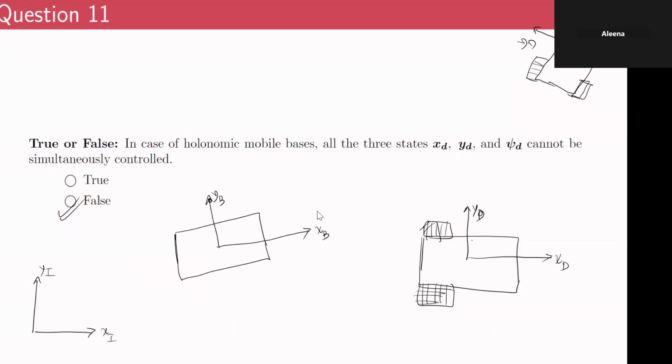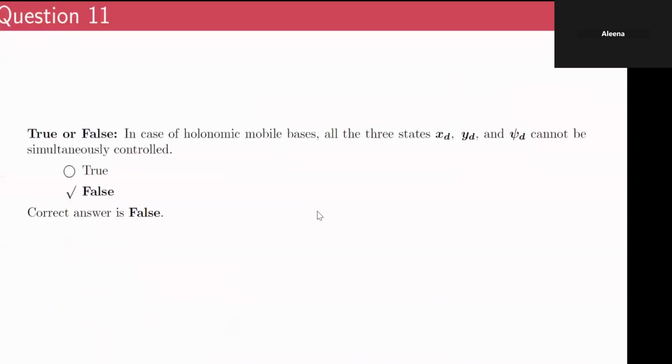It can move forward, laterally, even diagonally, and it can rotate. All sorts of motions are simultaneously possible. So the option is indeed false. Checking the answer, it is indeed false.